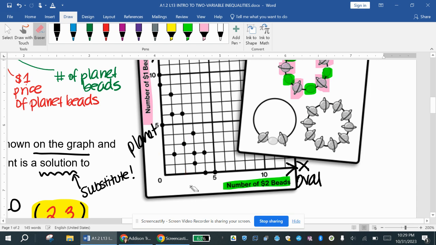Notice that all these points are in this little area here, right? So try to pick an ordered pair that is not already plotted, but it would be in that general yellow area that I highlighted.